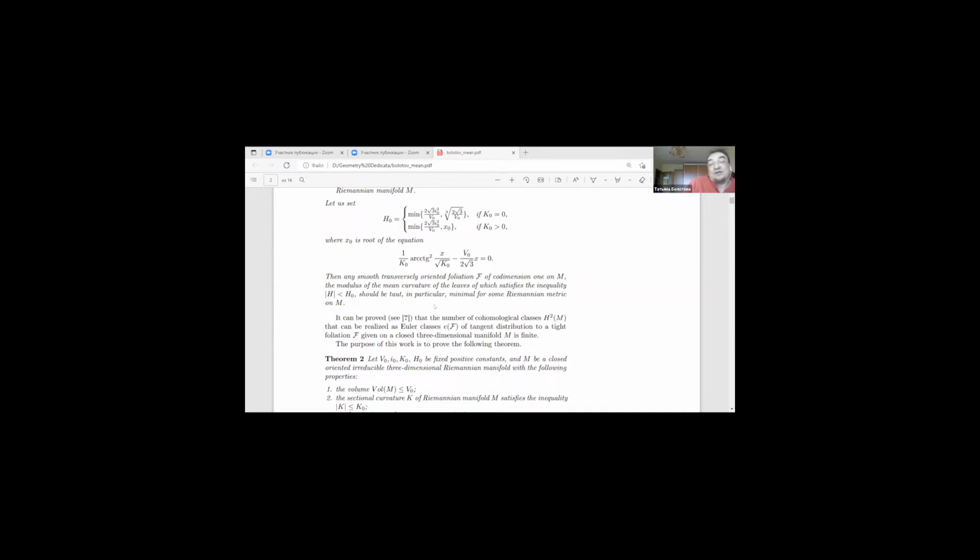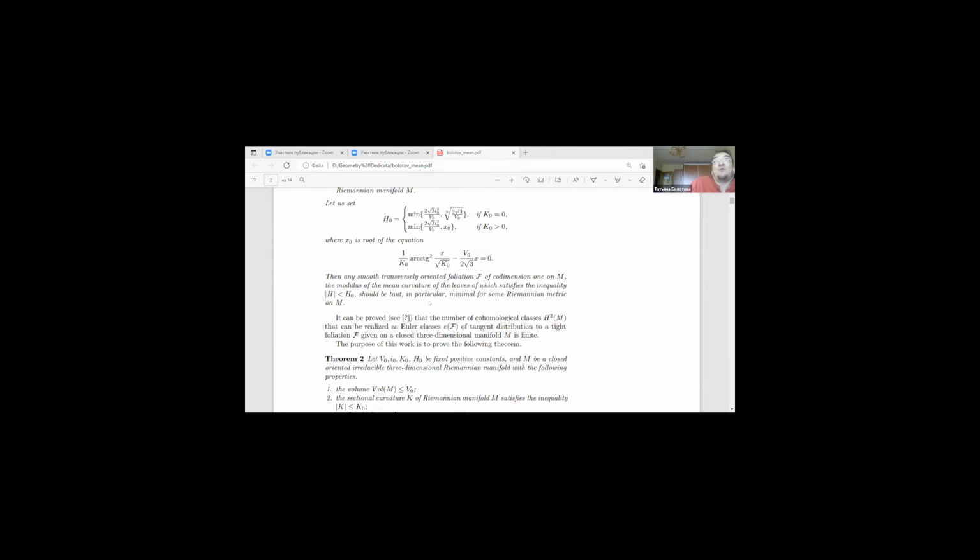There is an equivalent condition for a foliation to be taut: the foliation doesn't contain a generalized Reeb component.